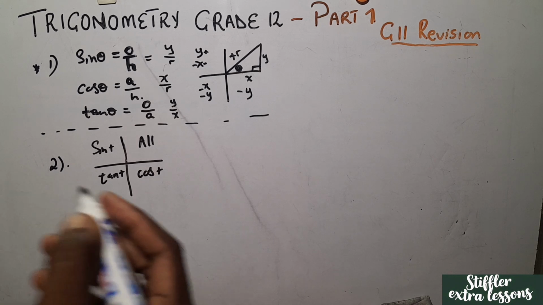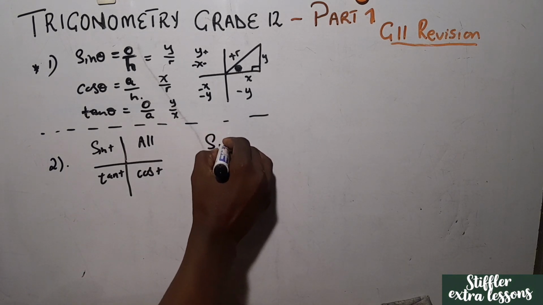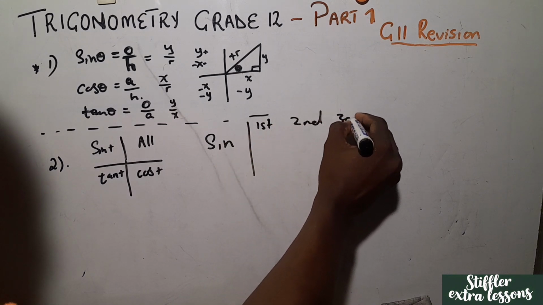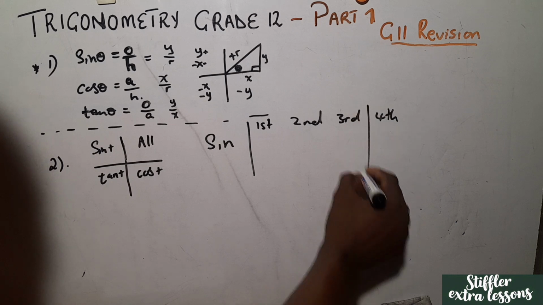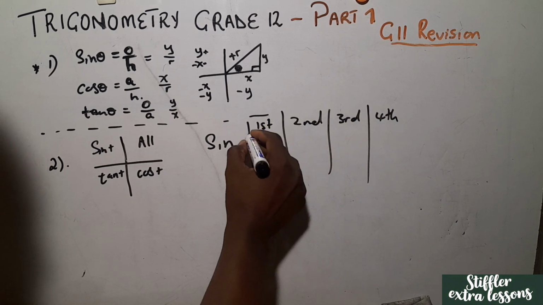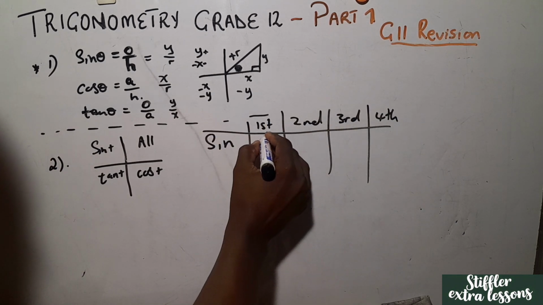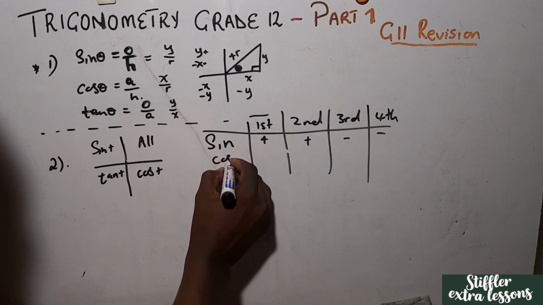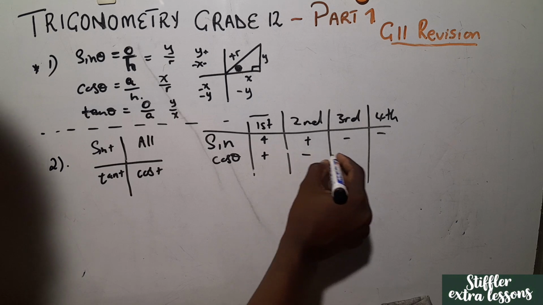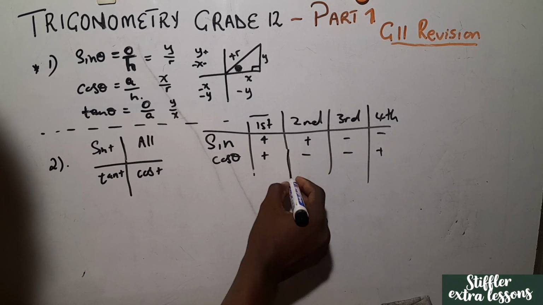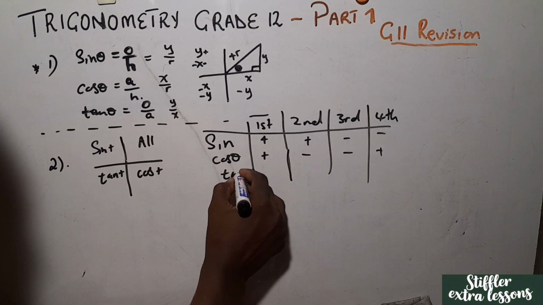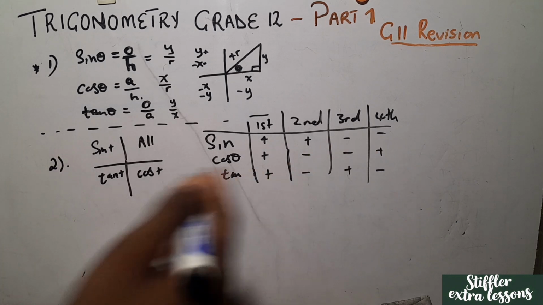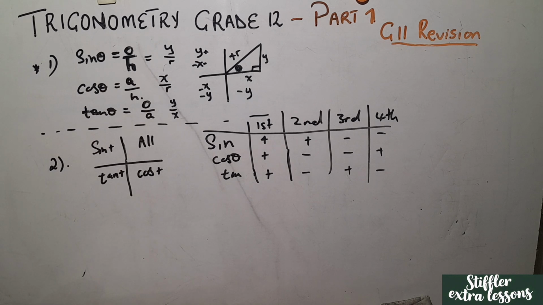So sine of theta is positive in the first, positive in the second, but negative, negative. Cos of theta is positive, negative, negative, positive. And tan of theta is positive, negative, positive, negative, in these quadrants.